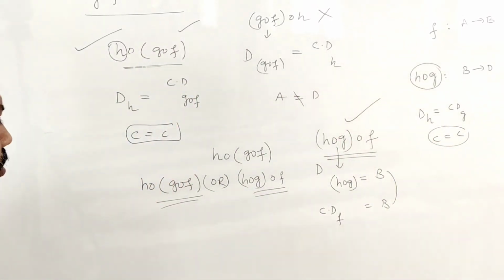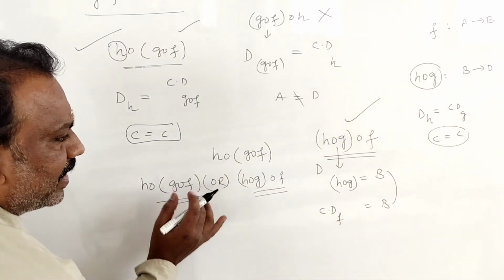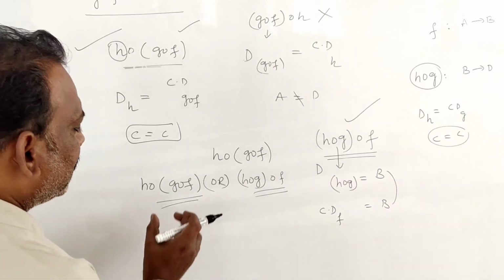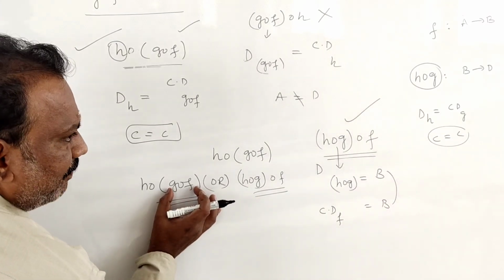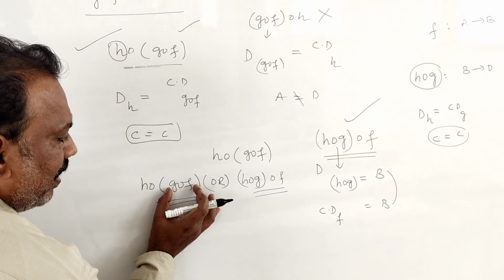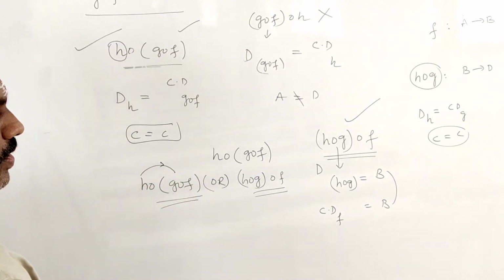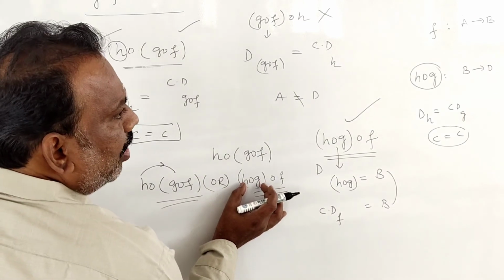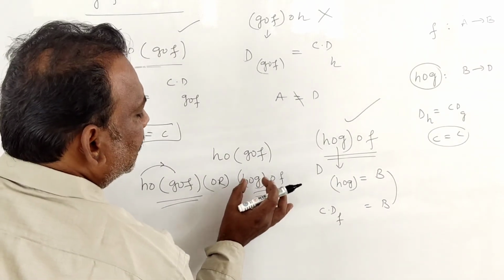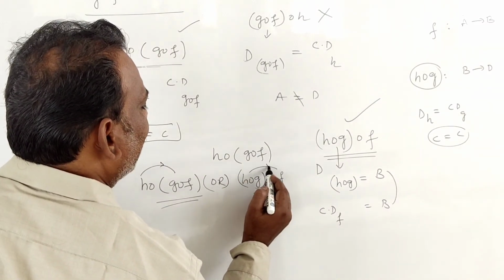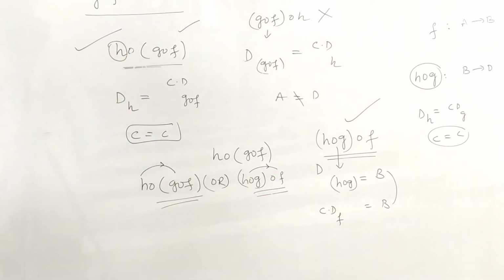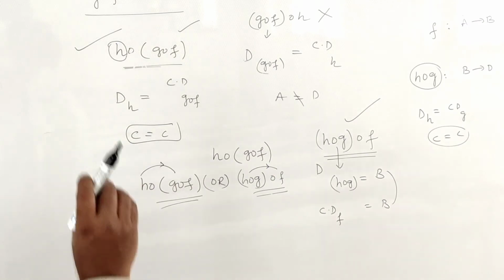Clear, students? So this bracket we are treating as one function. Actually this is a composite function of G and F. This is one function, this is another function. Now these two are composite. So H circle G is also composite. This is treated as one function, and this is also one more function. So those two are again composite functions. So what is the composite function possibility here?